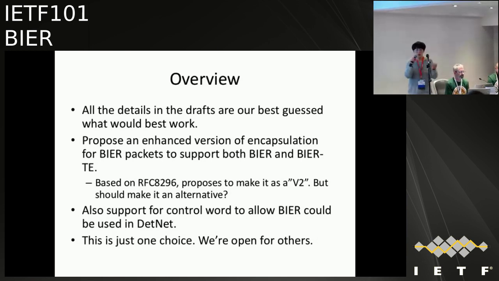But of course, it's also possible to make it an alternative version. And in addition to that, this encapsulation allows BIER to be used in DetNet. Anyway, this is just one choice, and of course we're open to other options if you have any good suggestions.